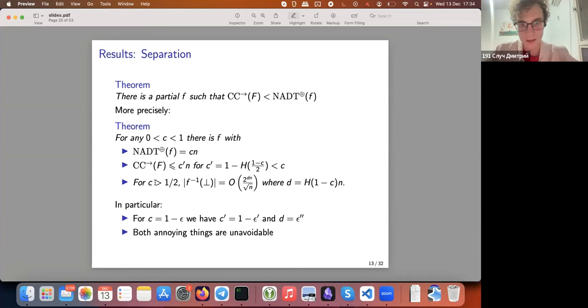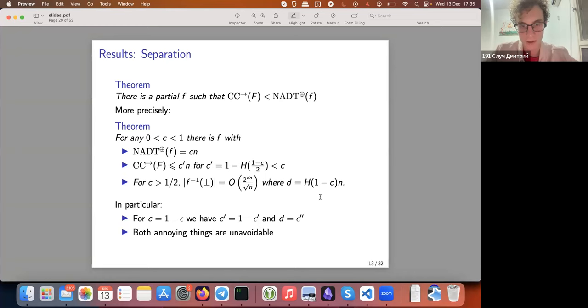And for c larger than 1/2, the number of undefined points of that function is limited, and it's limited by the following value, where d is defined that way.